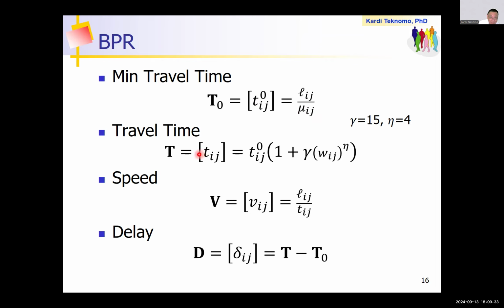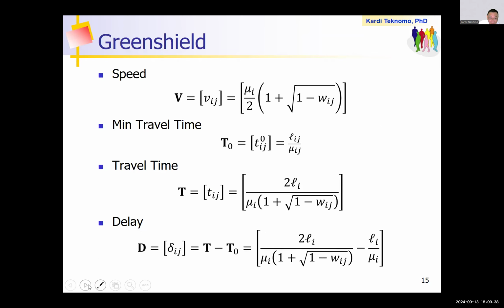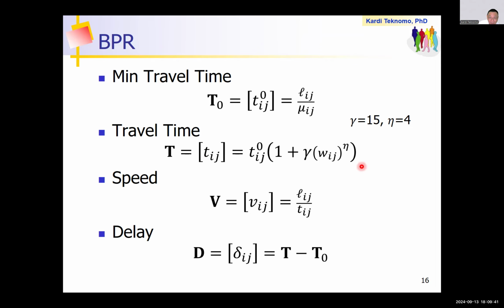A while ago I used Greenshields. Using BPR, I calculate the travel time based on certain parameters. This is the suggested value, but you can change this one. And this is the minimum travel time. Gamma is 15, eta is 4, and W here is the congestion level. And then the speed is just length divided by the time. Delay is the time minus the minimum travel time.